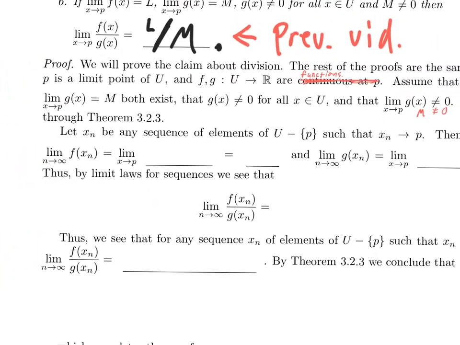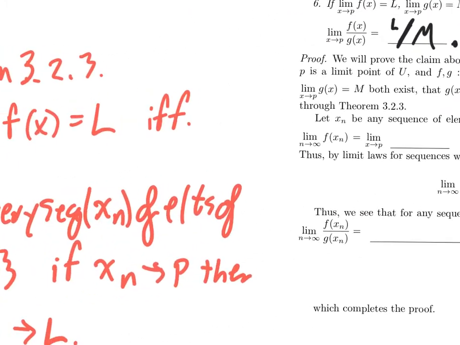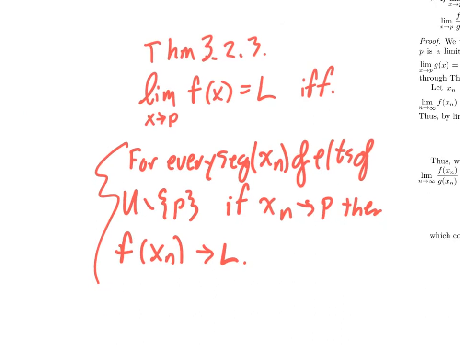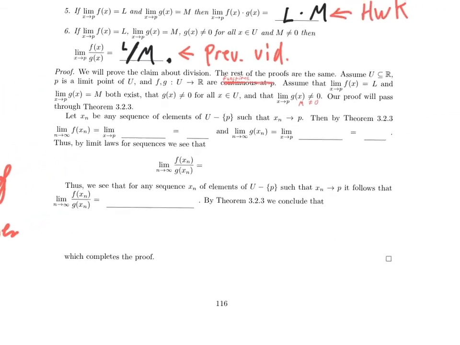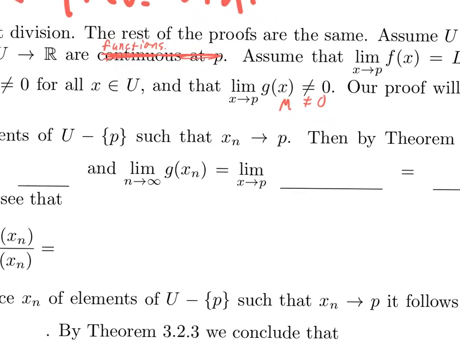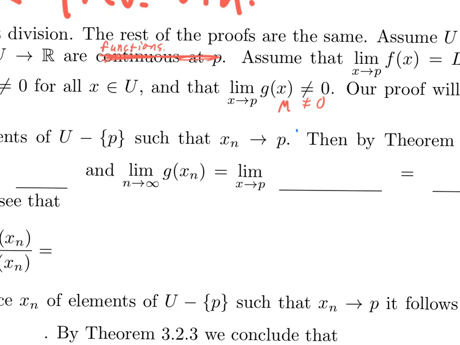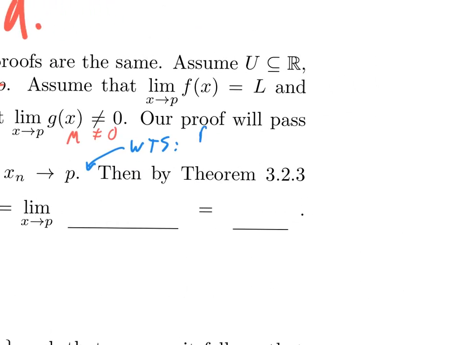I'll consider any sequence x_n of elements of U minus p, and I'll assume that x_n converges to p. We want to show that f of x_n divided by g of x_n converges to L divided by m.